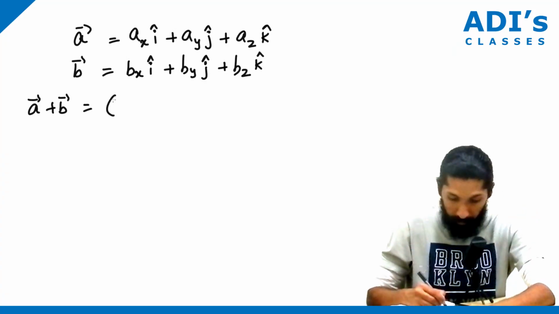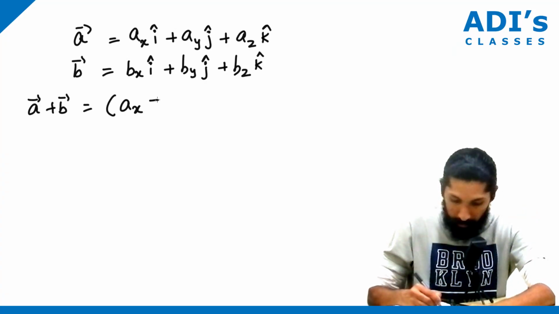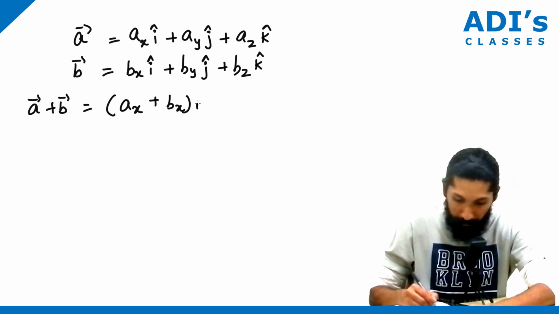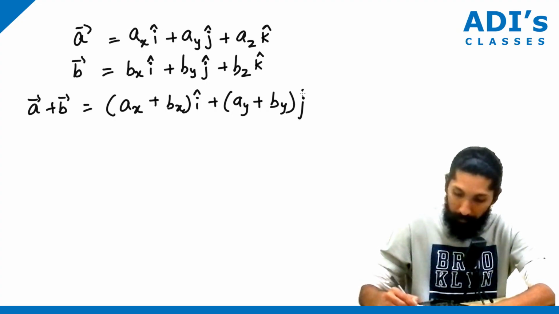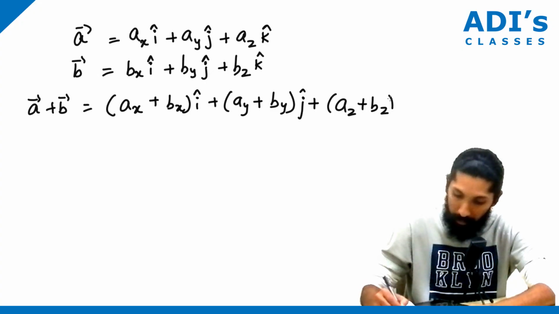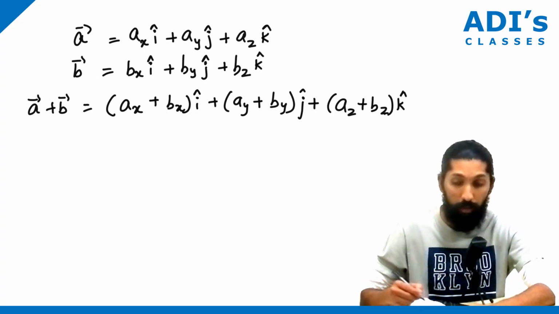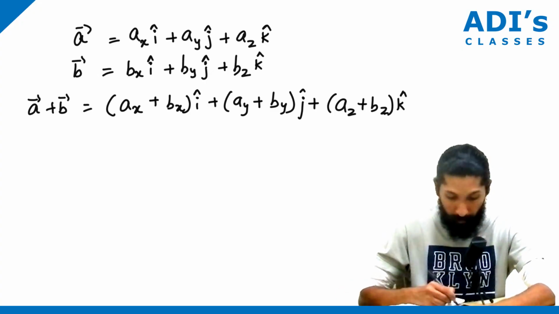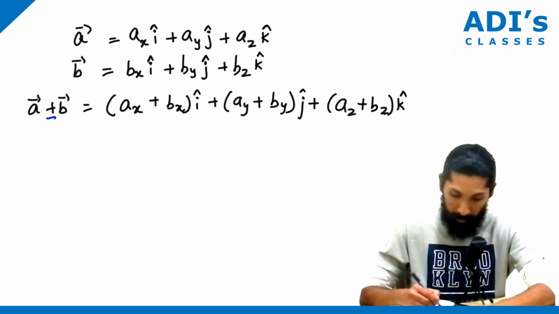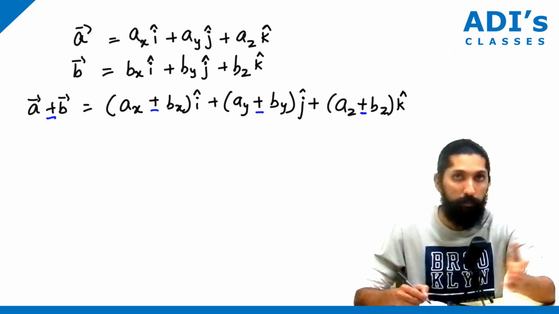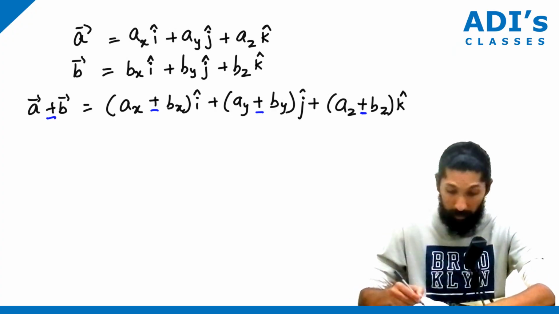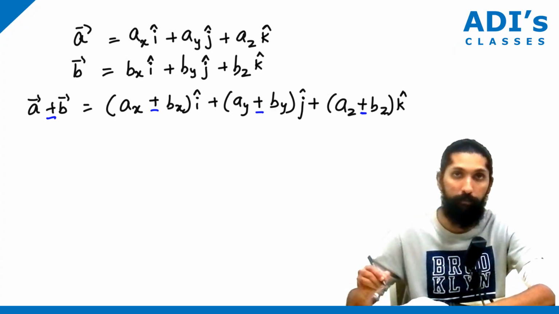So that means this becomes (ax plus bx) into i cap plus (ay plus by) into j cap plus (az plus bz) into k cap. Correct? What if we have minus? Then minus, minus, minus. Plus or minus, plus or minus, plus or minus. Clear?